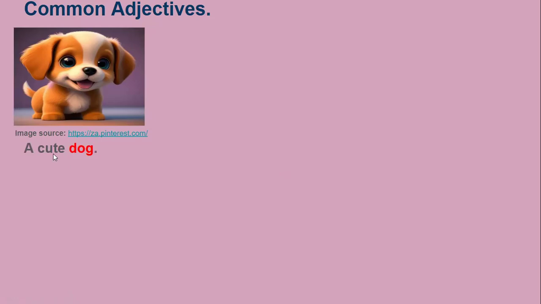In this case, cute, of course, is an adjective. It tells us how the dog looks. So cute is the same as nice, beautiful. It looks good. That's what cute means.